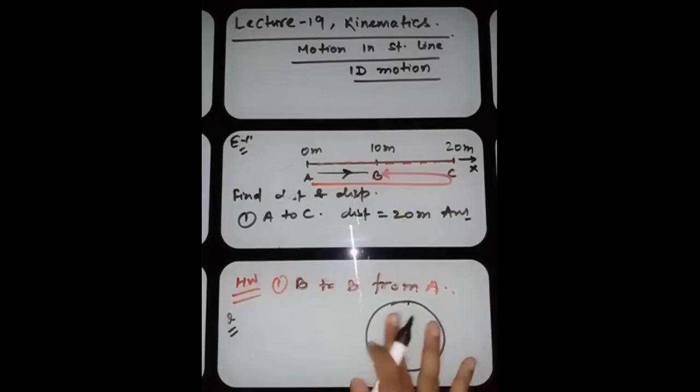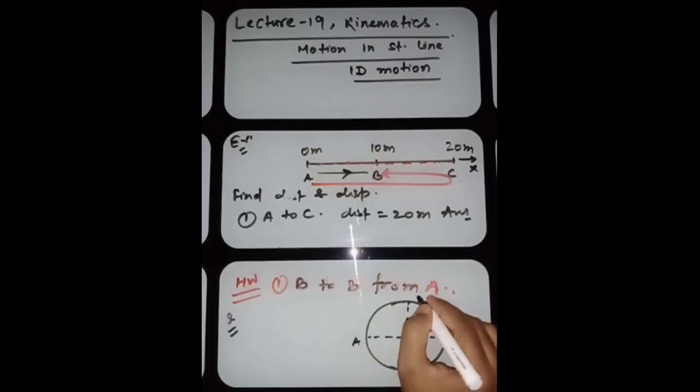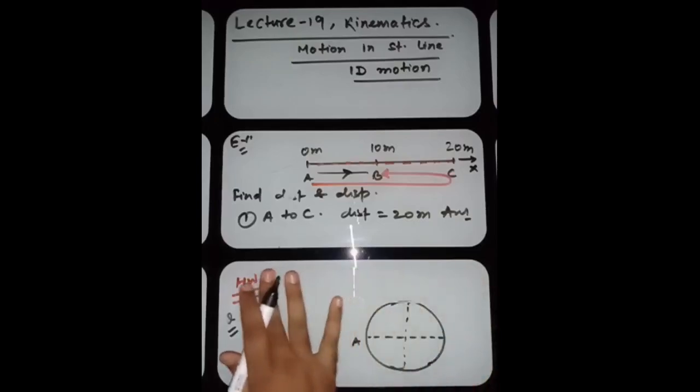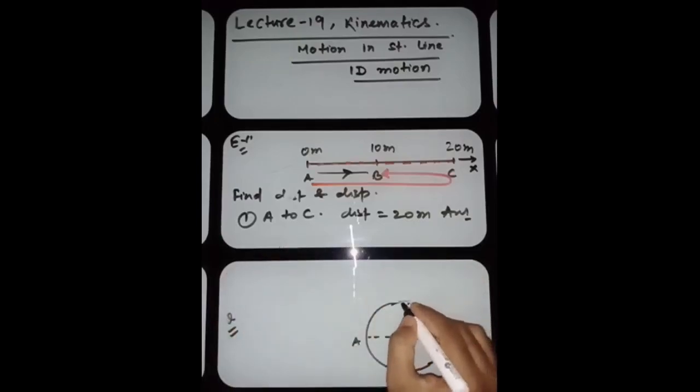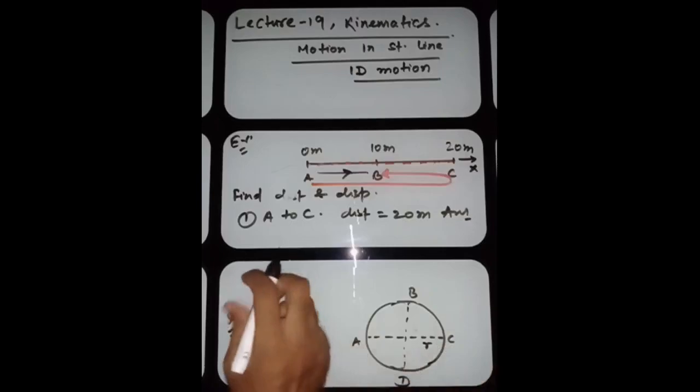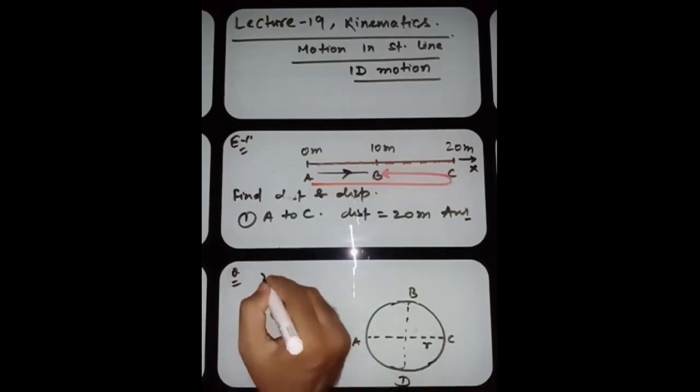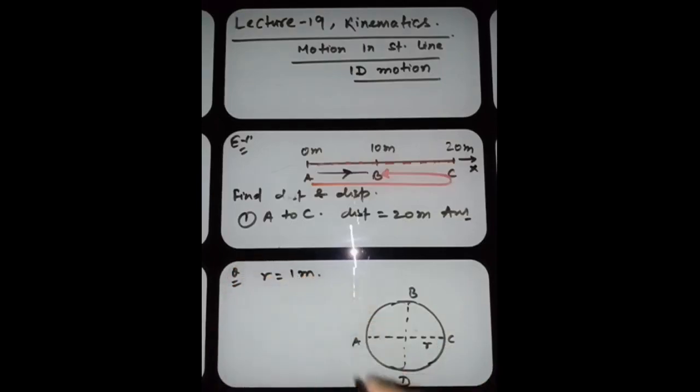This is the circular track, with points A, B, C and D. The radius of the circular track is R, which is 1 meter. And this is the center of this circular track.